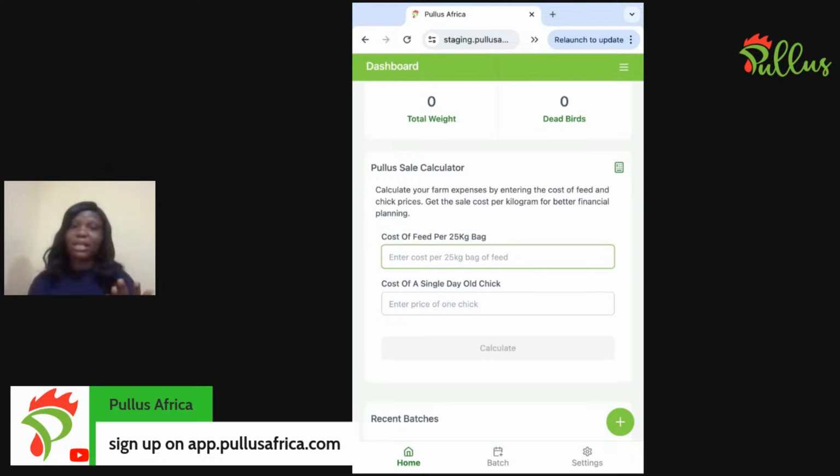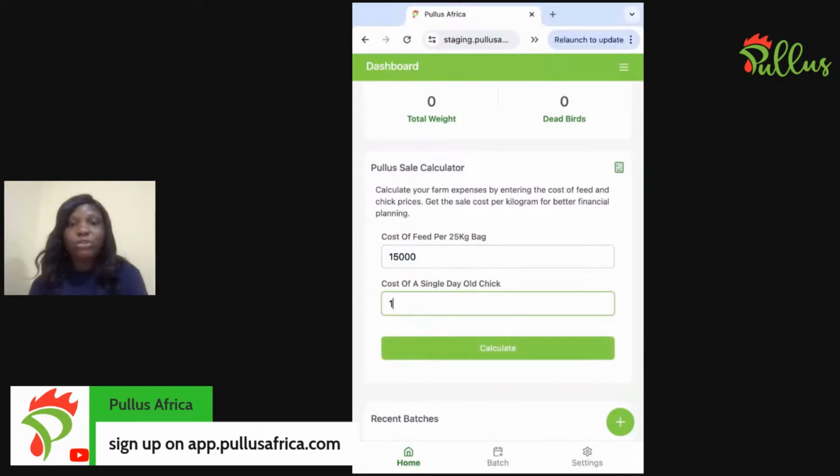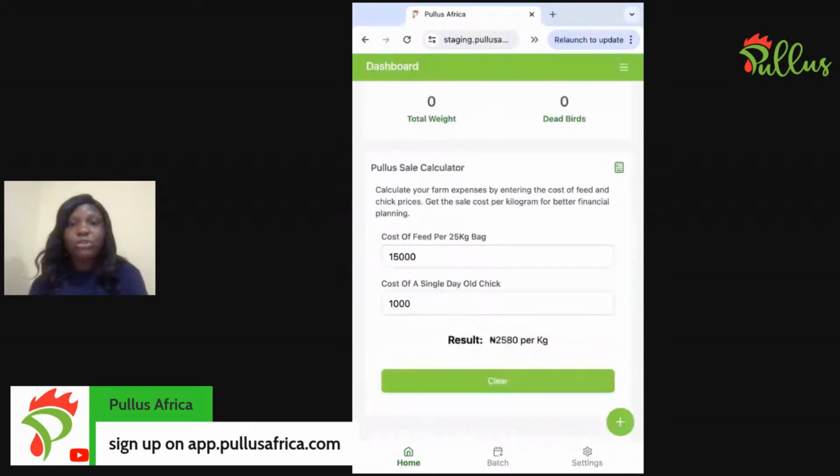For instance, you bought a 25 kg feed, and the cost of your 25 kg feed is 15,000. I might be wrong, but let's just make this for instance. And then the cost of your day old chick is 1,000, sorry. Let's calculate this so that we can see what the range should be for us to sell our birds per kg.